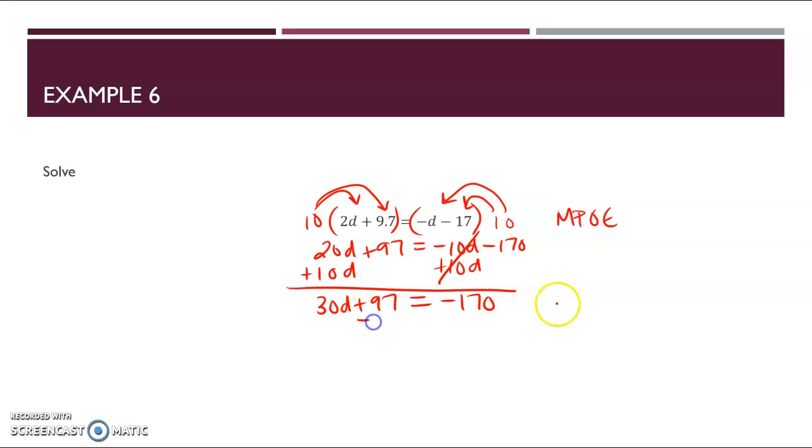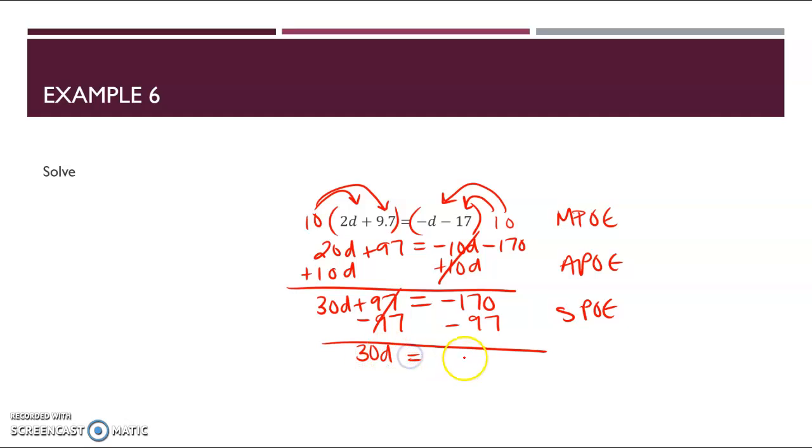And then I'm going to subtract. So that was APOE, that first one. And now we're going to use SPOE, subtraction property of equality. I'm going to subtract 97 from both sides. So then we end up with 30d equals a negative 170 minus 97.